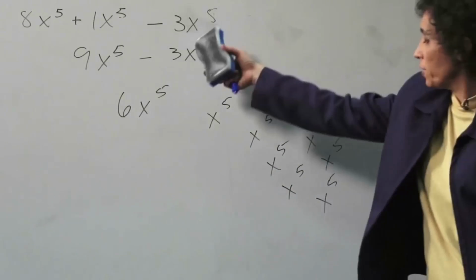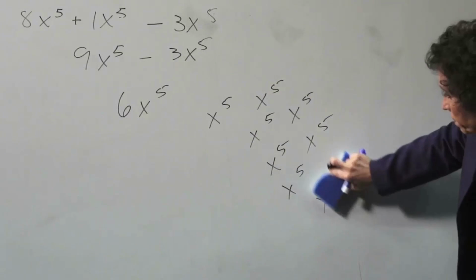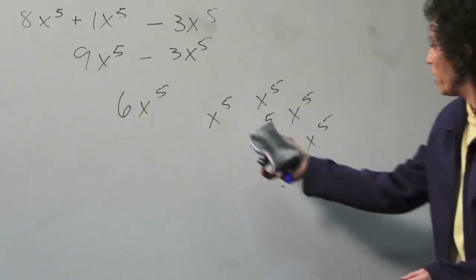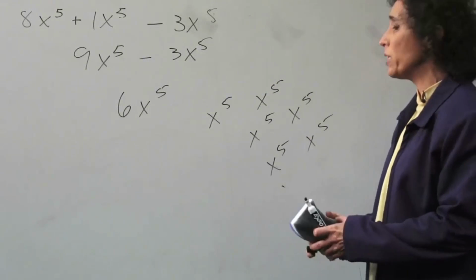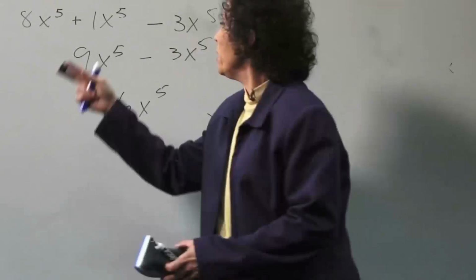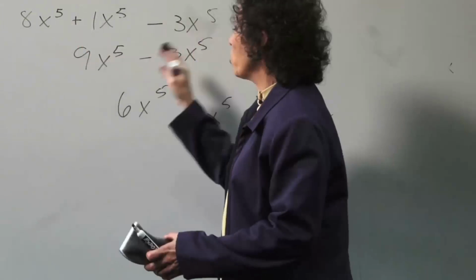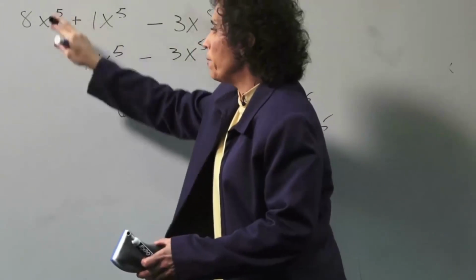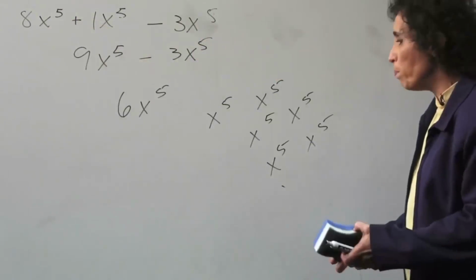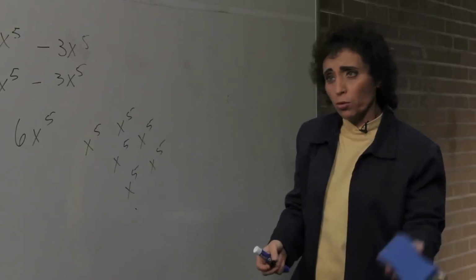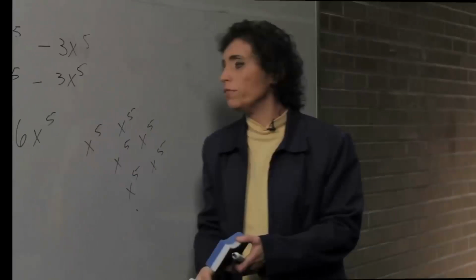I add an x fifth, then I take 3 away. What do I have? I have 1, 2, 3, 4, 5, 6. 6 what? 6x to the fifths. That's what that means. So I need the same like term, which means the same base, same exponent, combine the coefficients, keep the like term. And that's how we combine. Okay? So that's another rule that we're just kind of reminding you of.